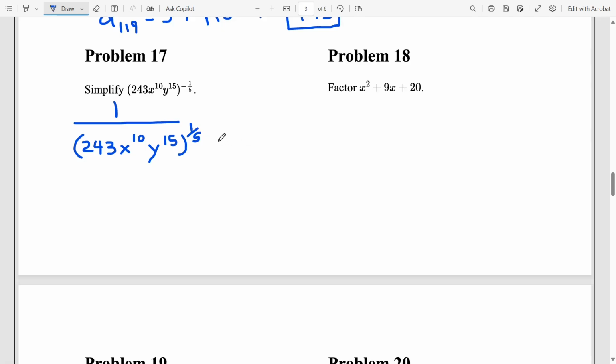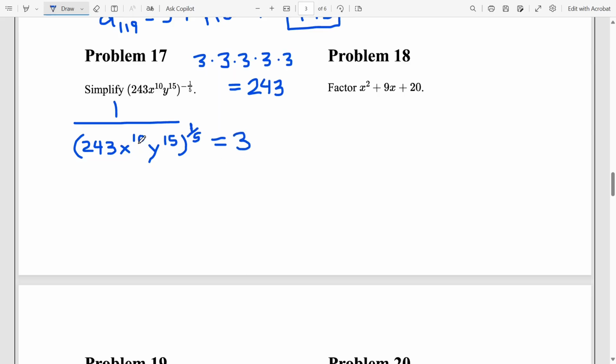Okay, so that's like a fifth root. So the fifth root of 243 is 3, because if I take 5 3's and multiply them together, I'm going to get 243. Try it out in your calculator if you don't trust me. So the fifth root of 243 is 3.